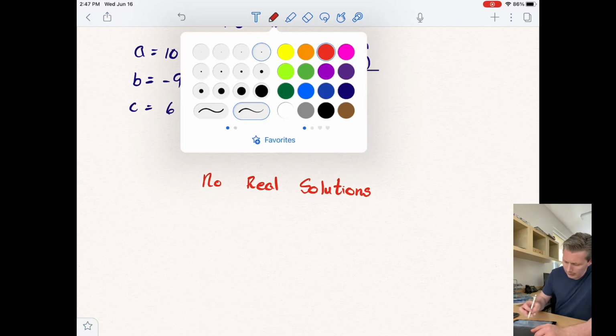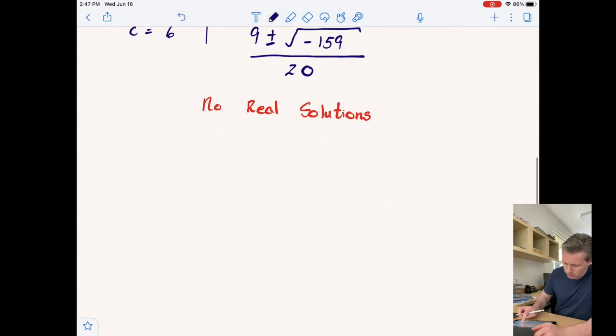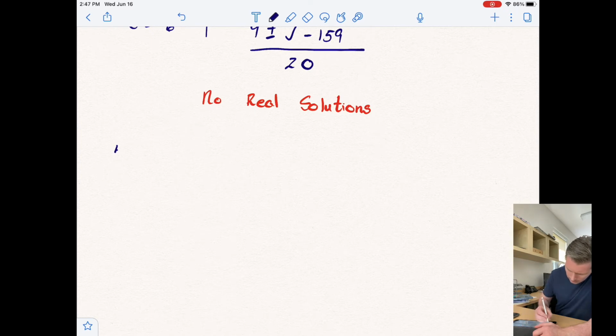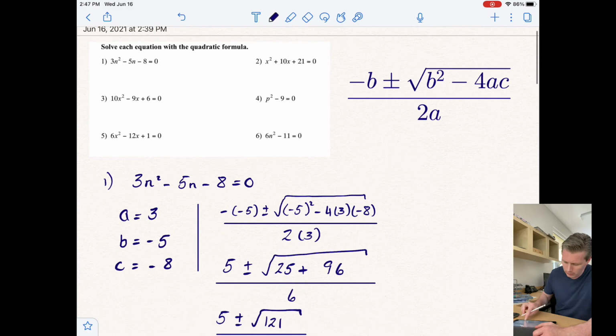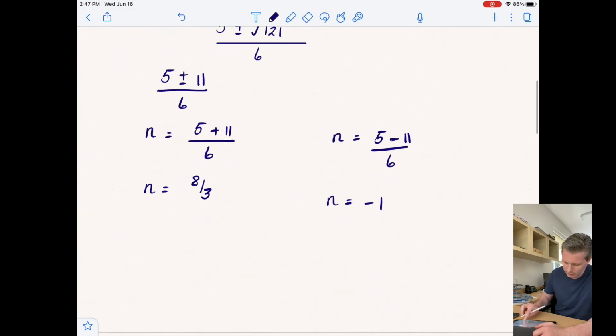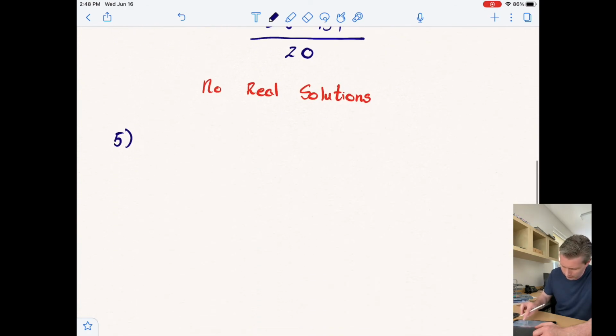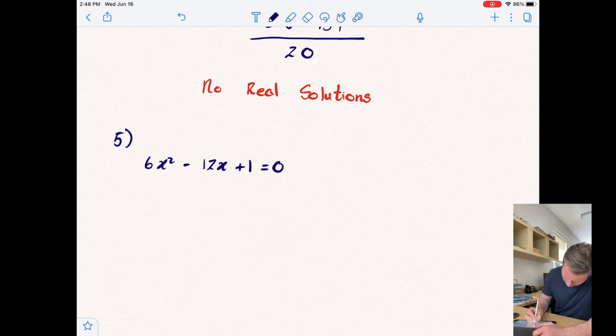All right, finally, last one. I will take question number 5. 6x squared minus 12x plus 1 equals 0. All right.